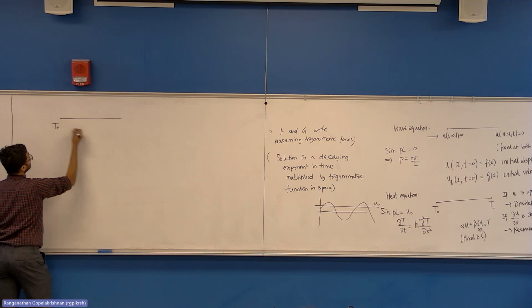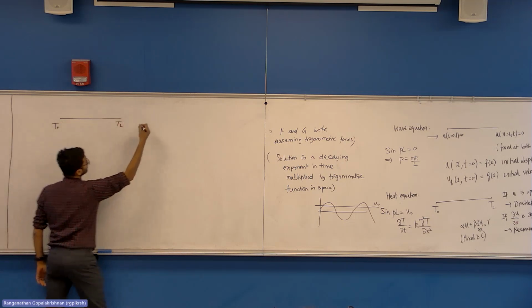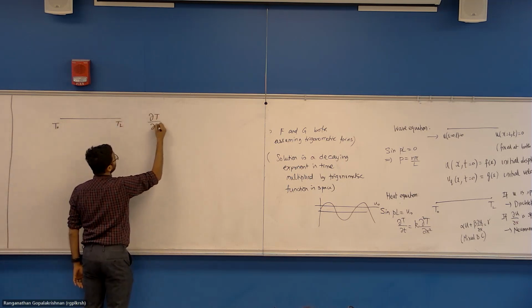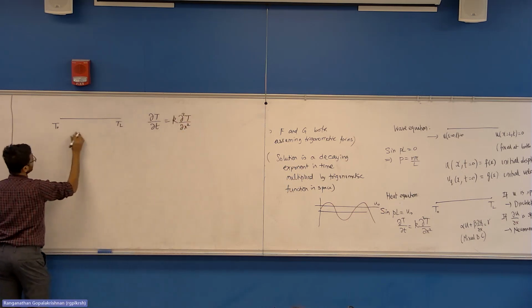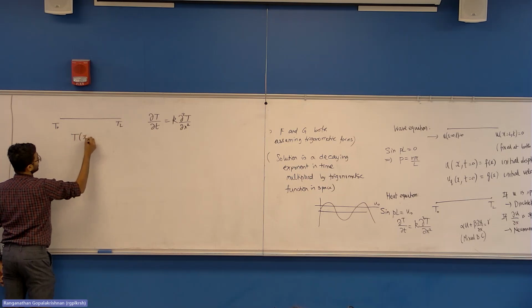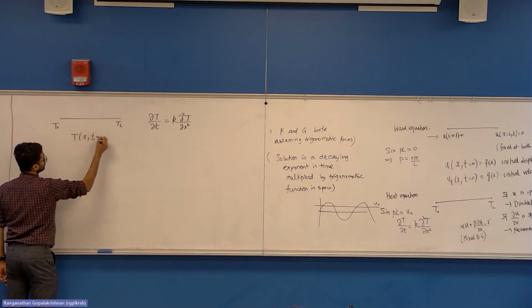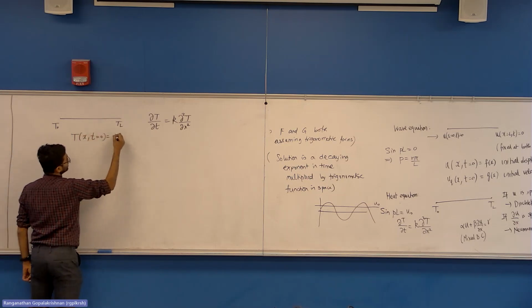I have T naught and TL, and I'll say the initial temperature T of x comma t equal to 0 will be some f of x.